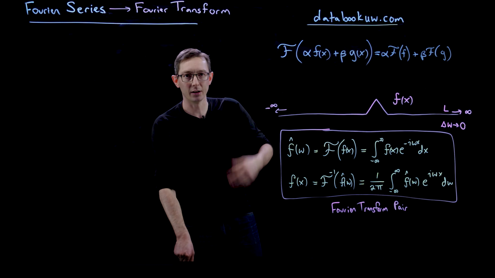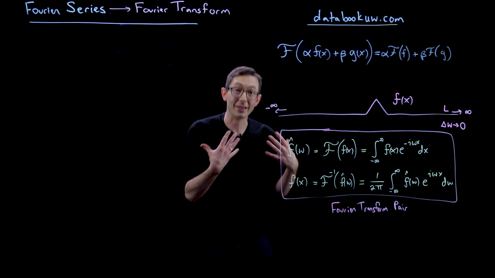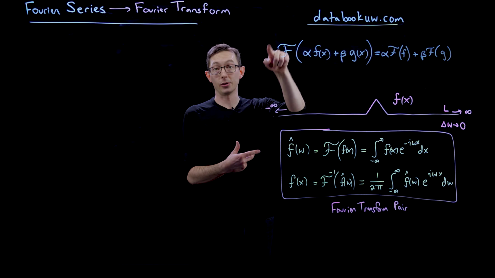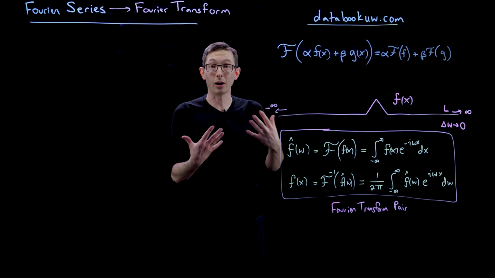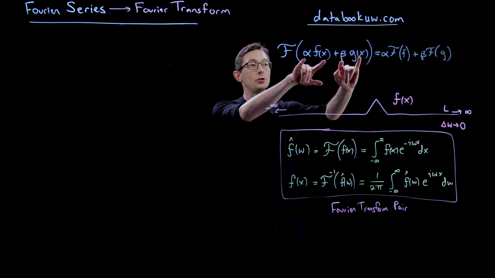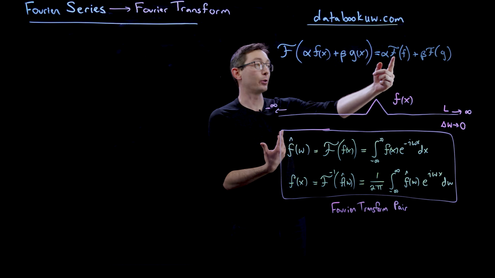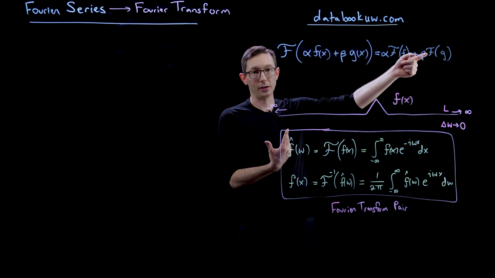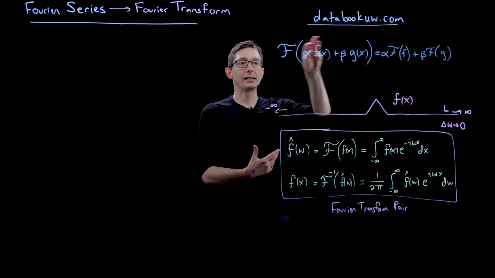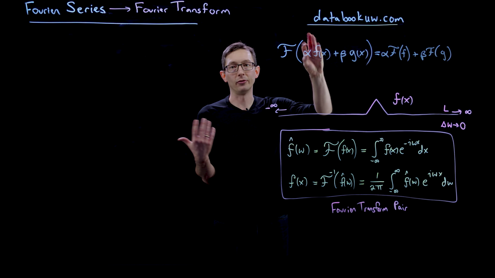Okay, so that's the property that needs to be satisfied for the Fourier transform operator to be a linear operator: if I take the Fourier transform of f plus g, it should just be the Fourier transform of f plus the Fourier transform of g, even if I scale them by some constants alpha and beta.